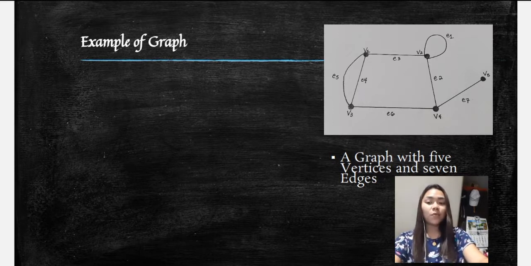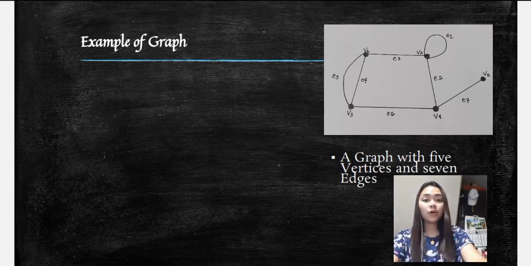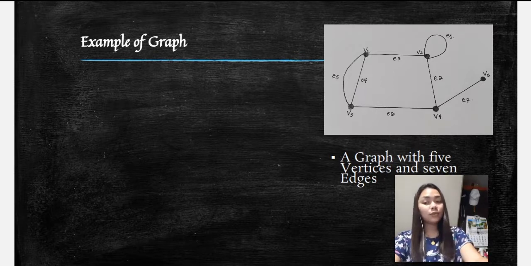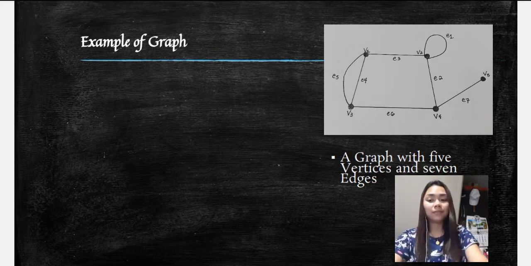One is a form of diagram, which is called graphical representation. Now, this is a graph with 5 vertices and 7 edges. Vertices are v1, v2, v3, v4, and v5, and the edges are e1, e2, e3, e4, e5, e6, and e7.